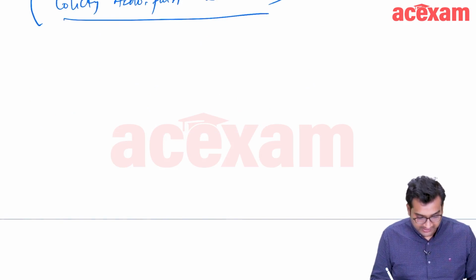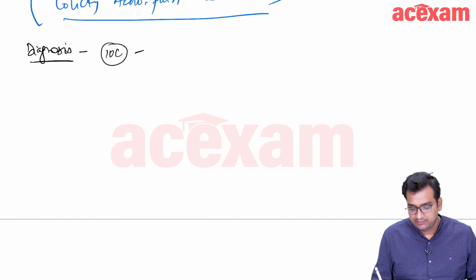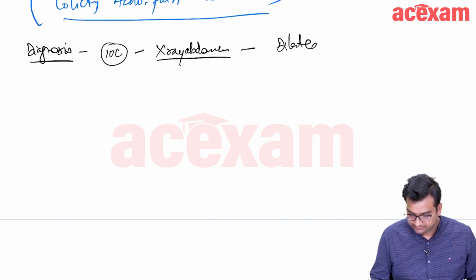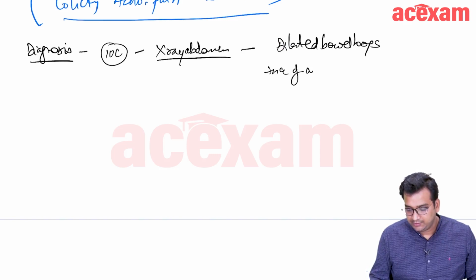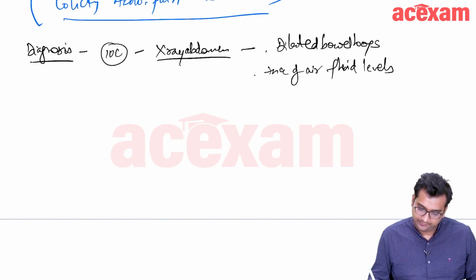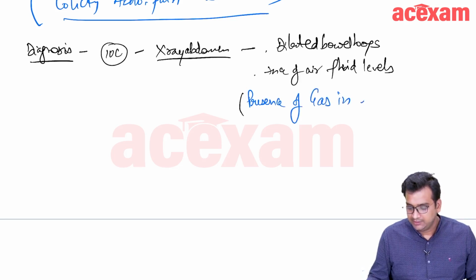Okay. Now we are getting the investigation done. For diagnosis, the investigation of choice here is X-ray abdomen. X-ray abdomen features are dilated bowel loops, presence of air fluid level, but there is presence of gas in rectum, which is a distinguishing factor.